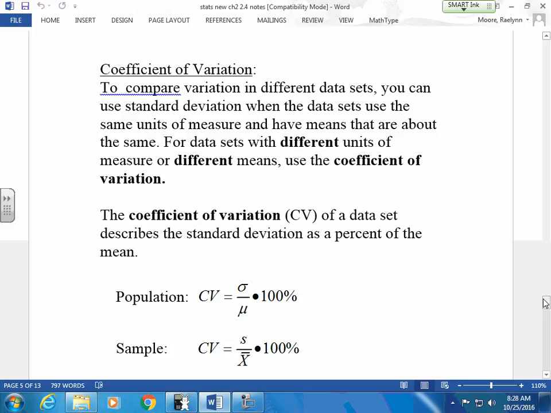And again, in statistics, when you have a formula on the test, I give you the formula. Because I figure in real life, are you really going to remember this when you walk out of here tomorrow, or at the end of the year when you don't have to do this anymore? No. My biggest thing is for you to learn how to apply the formula. You could at any time Google, what is the formula for coefficient of variation? And it will give you the formula. I need you to know why we use it and how we use it.